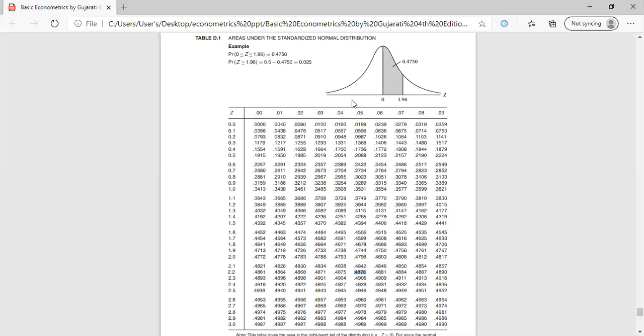When you are looking at the probability bigger than minus 2.25, then you have two parts. One from minus 2.25 to 0, another from 0 to plus infinity. From 0 to plus infinity, this is 0.5. From minus 2.25 to 0 is the same as 0 to 2.25. That's what we did.